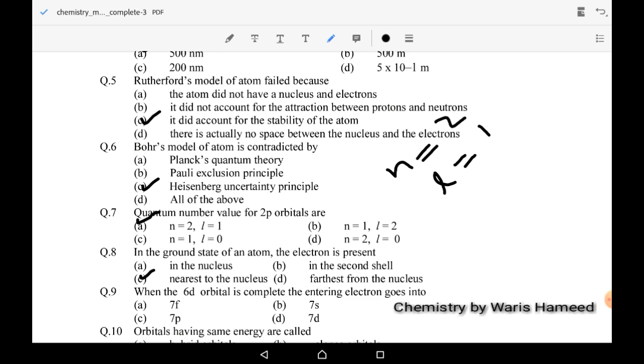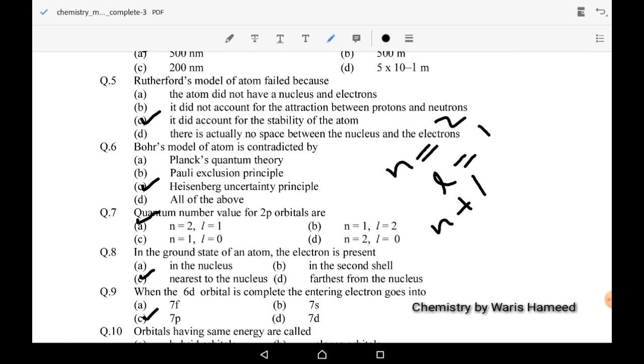Next MCQ, when the 6d orbital is complete, the entering electron goes into... We can calculate this by the n plus L rule. The value for 6d is 8, and the next coming orbital will be 7p.